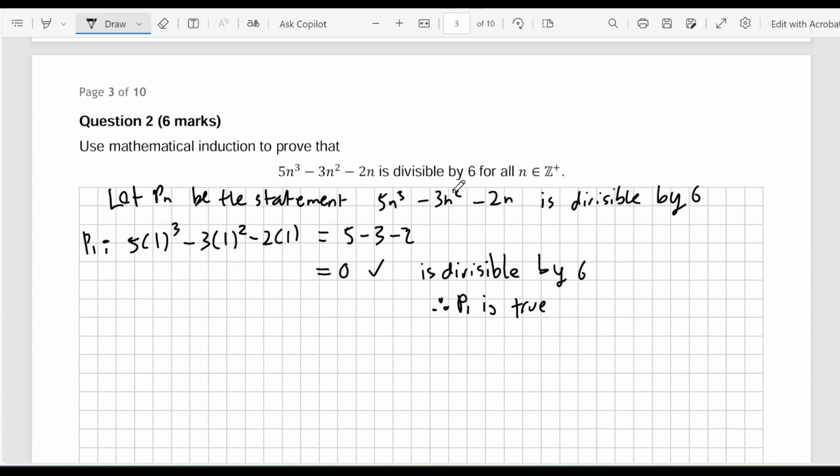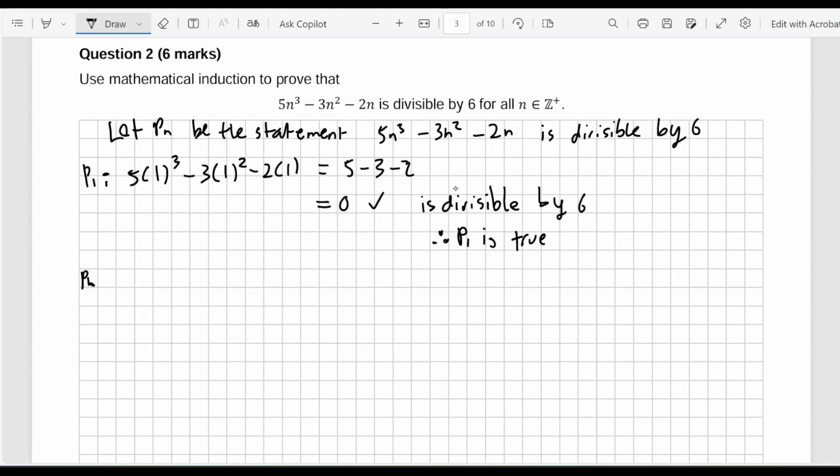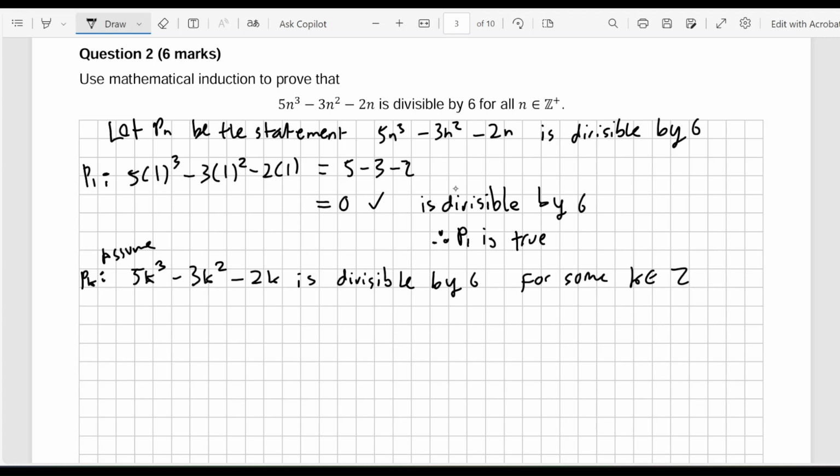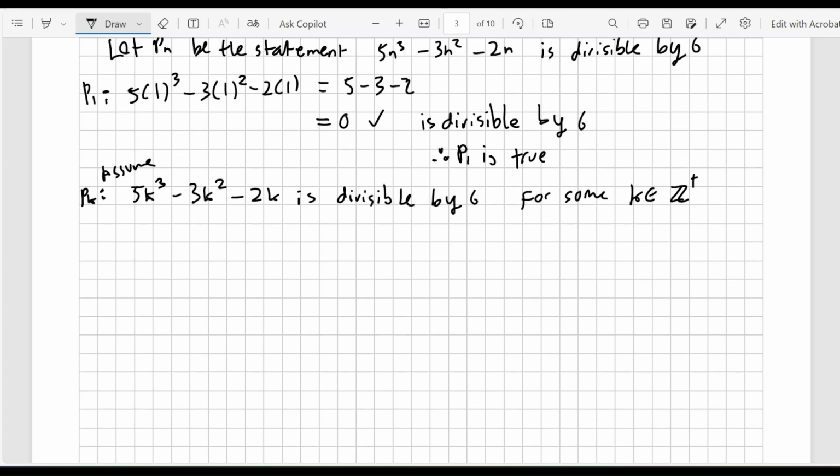All right. So P(k), let's assume 5k cubed, take 3k squared, take 2k is divisible by 6, for some k in the positive integers, so some whole number k.